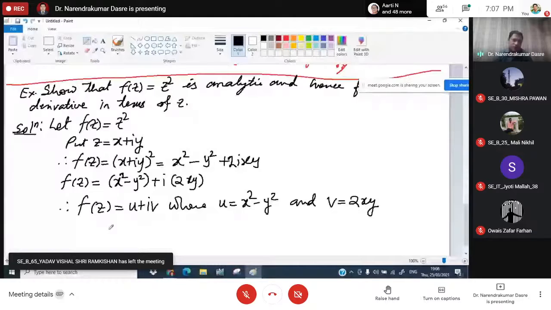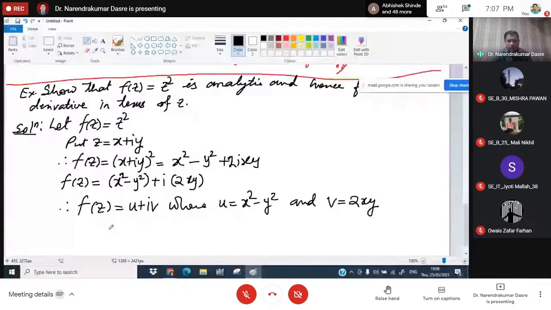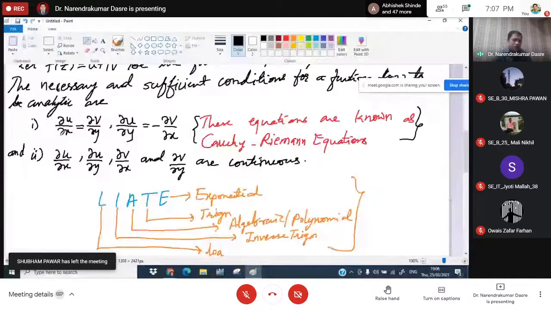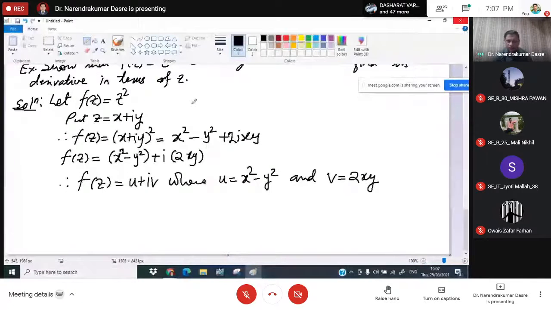Now this symbol is for the partial derivative. When we find the derivative with respect to x, we treat y as a constant. So let us find the derivatives of u and v. First, the derivative of u with respect to x. Now I am finding with respect to x, so y is treated as a constant and the derivative of the y term will be 0. So the partial derivative of u with respect to x is the derivative of x square only, and that is going to be 2x.